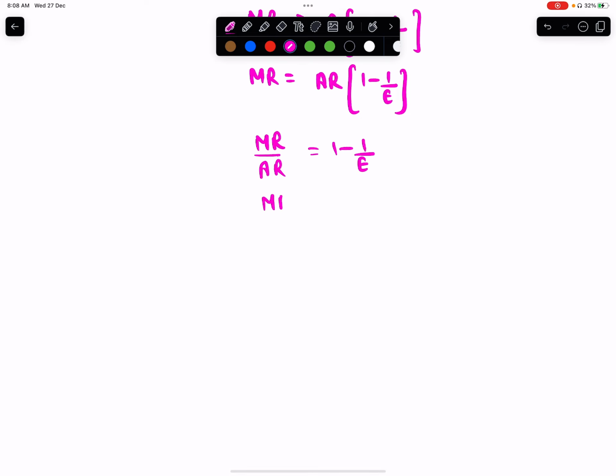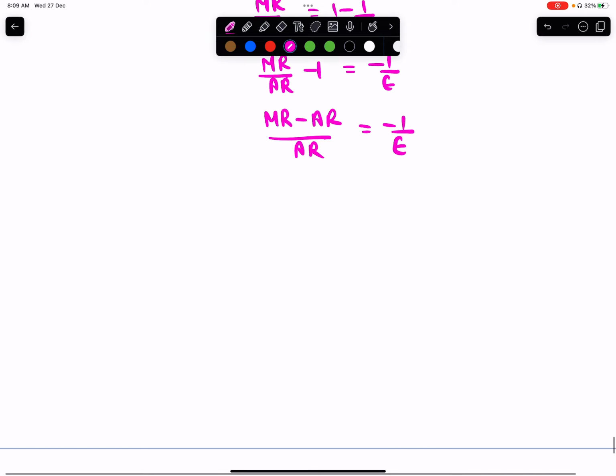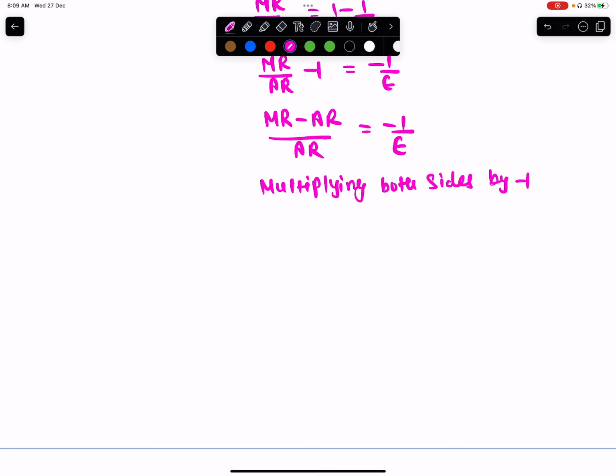So MR by AR minus 1 equals minus 1 by e. MR minus AR by AR equals minus 1 by e. Multiplying both sides by minus 1, this becomes AR minus MR by AR equals 1 by e.